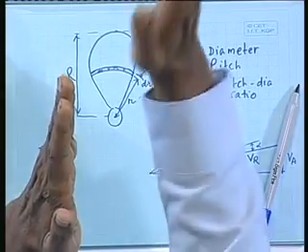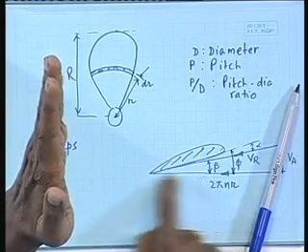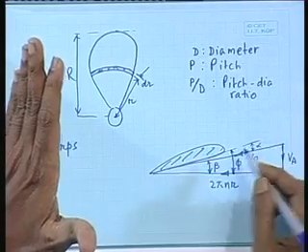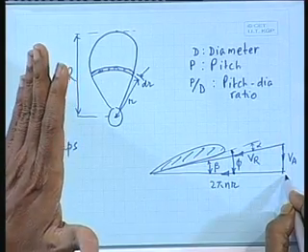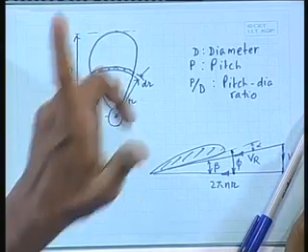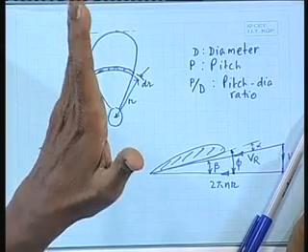Now, the propeller is rotating in that disc, this plane. Do you understand? But the element is twisted by an angle phi. So, the rotational velocity is at an angle phi, 2 pi n r. Do you get my point? Can you understand what I am saying? No?